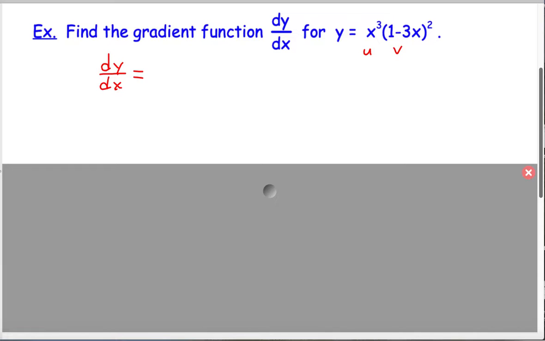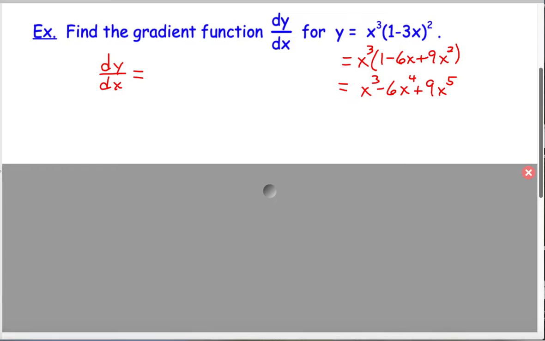So an alternative to trying to do that would be, well, I can multiply all this out. So that would be x to the third, and if I square 1 minus 3x, I'm going to get 1 minus 6x plus 9x squared. And then if I distribute the x cubed, I get x cubed minus 6x to the fourth plus 9x to the fifth.